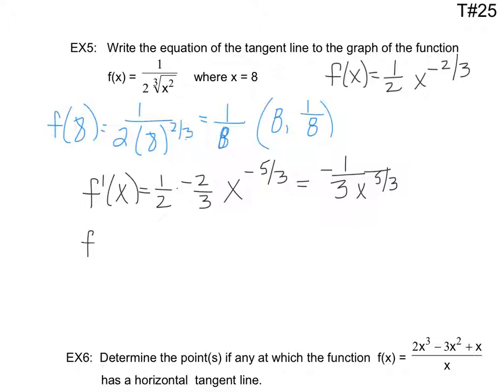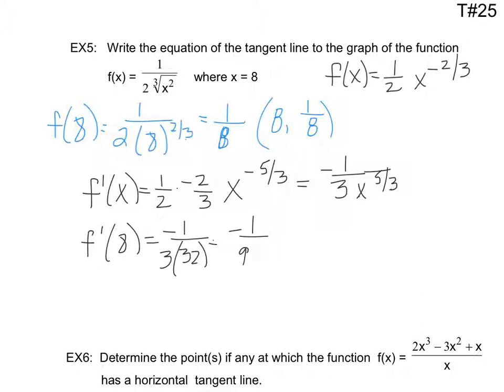So what would f prime of 8 be? Well, let's see. What would 8 to the 5/3 be? That would be 2 to the 5th, the cube root of 8 is 2, 2 to the 5th is 32. So, kind of gross number, but you can do it.